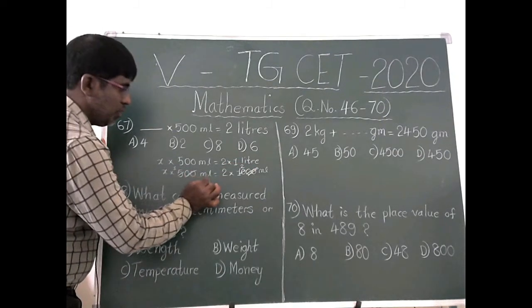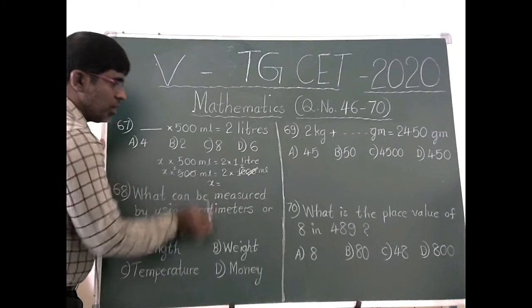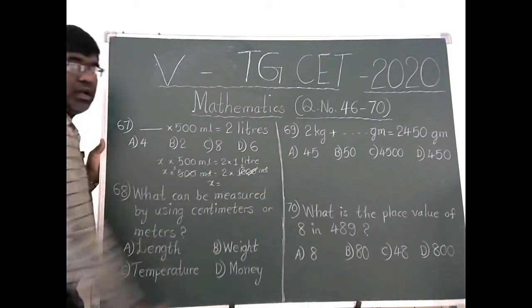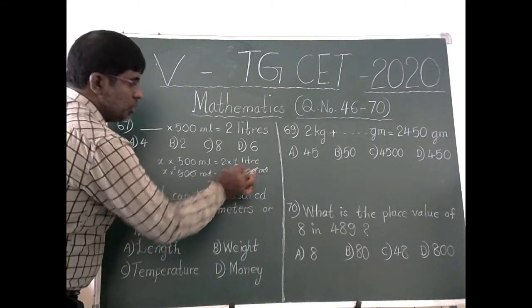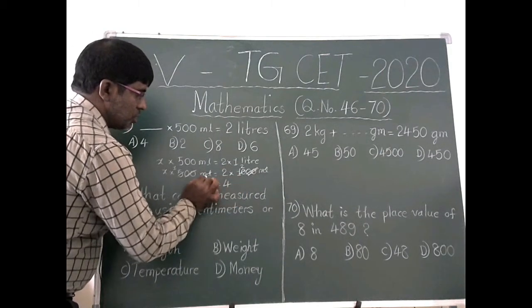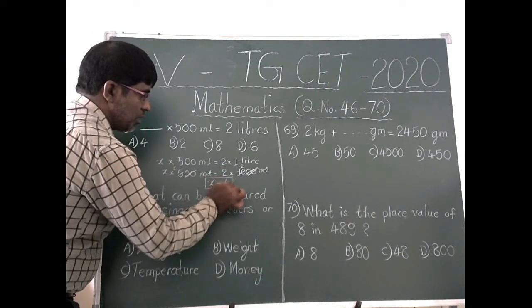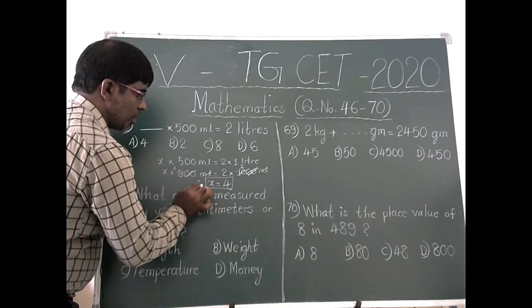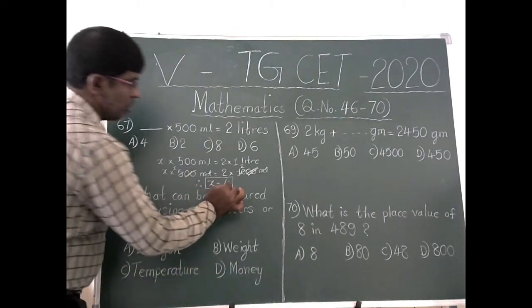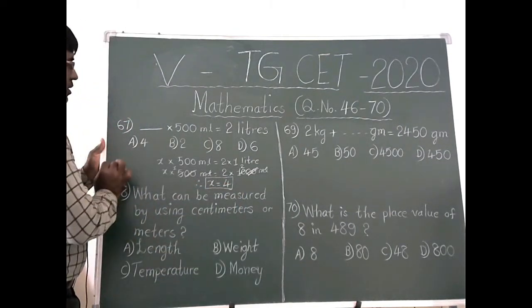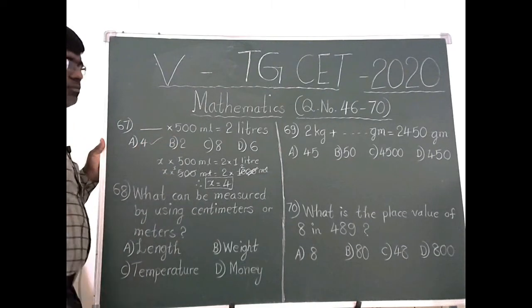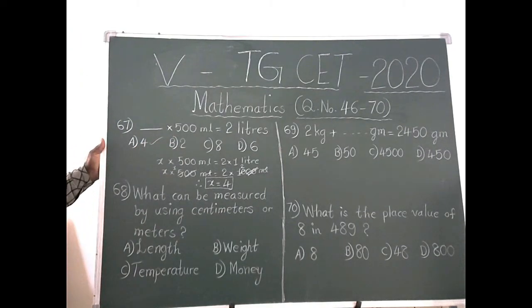So x into 1, x only. Milliliter also gets cancelled. 2 twos are 4. Therefore x equals 4. Option A is the correct answer.